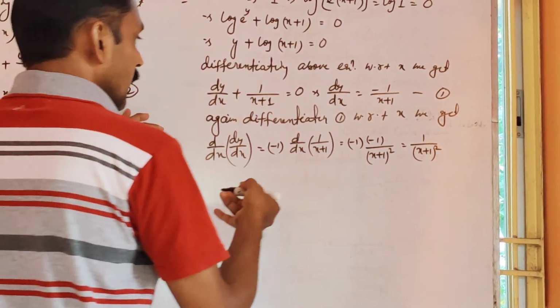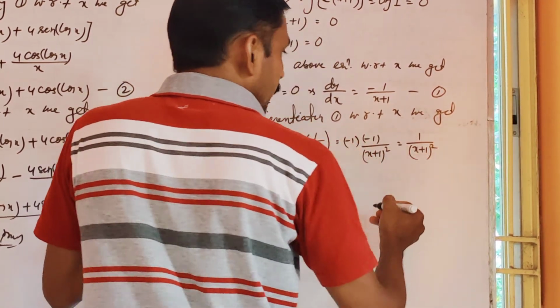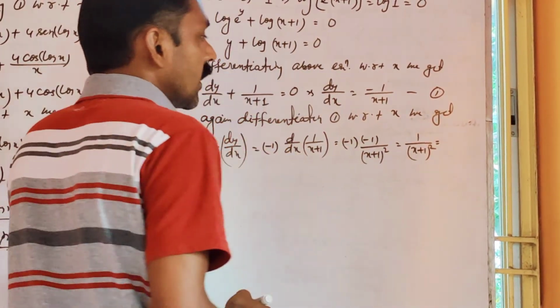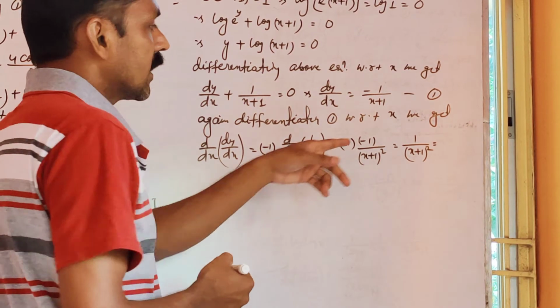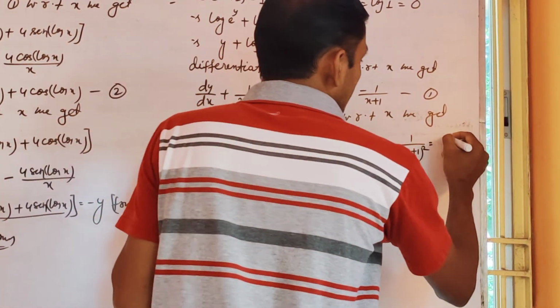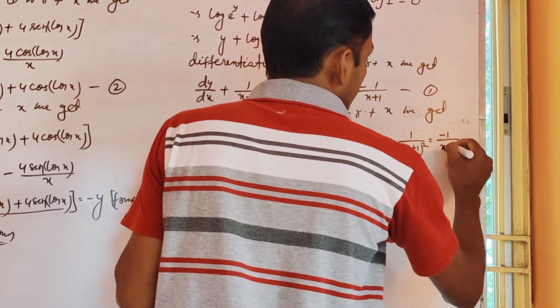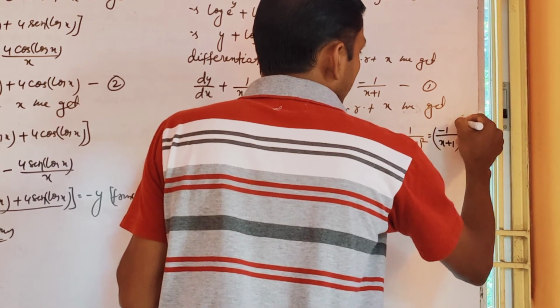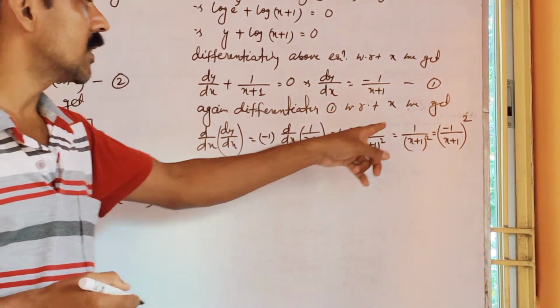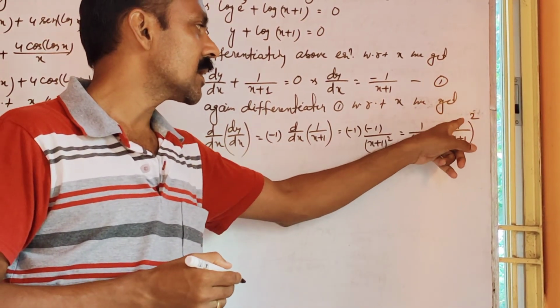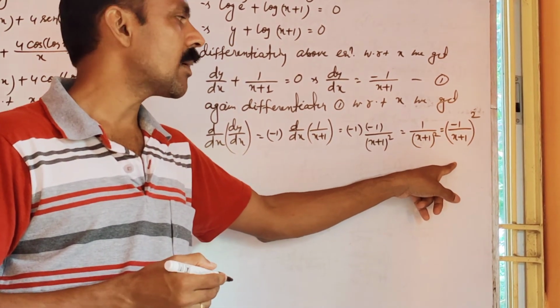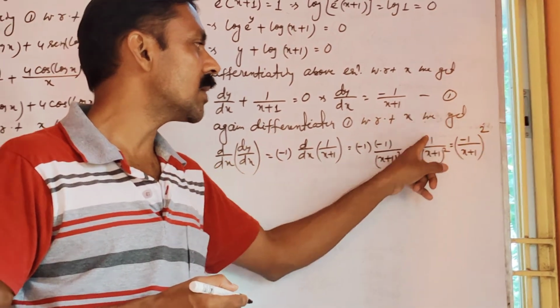Okay, this can be written as: denominator square is there, numerator is only 1, so it is the same as minus 1 by x plus 1 whole square, because a by b whole square is a square by b square, and numerator square is 1.